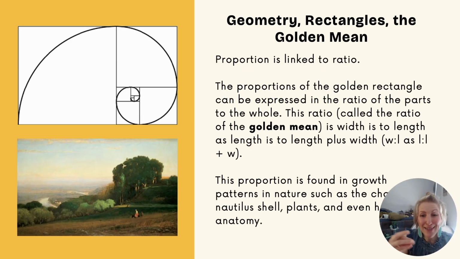This creates almost a natural visual interest because this is a shape that we see in nature. So this rule of thirds is sometimes employed by artists to create a visually engaging, visually effective, almost naturally appealing composition because it mimics that pattern in nature.